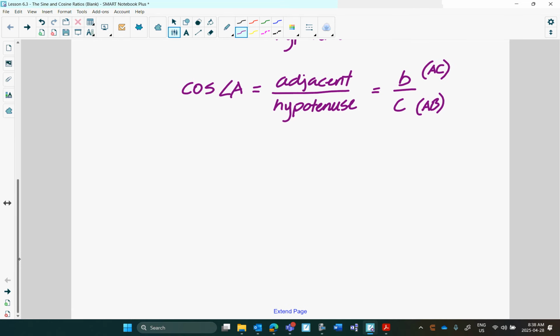We usually use this. So, SOH CAH TOA. What does that mean? That means that the sine, if we're using it, is opposite over hypotenuse.